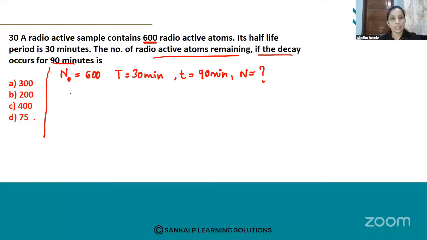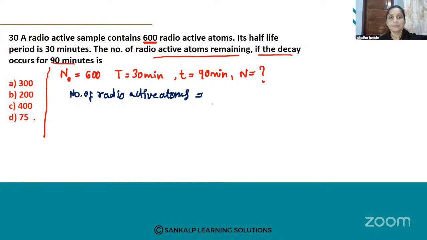See, number of radioactive atoms is equal to, here we want the number of radioactive atoms remaining at the end after decay occurs in 90 minutes.